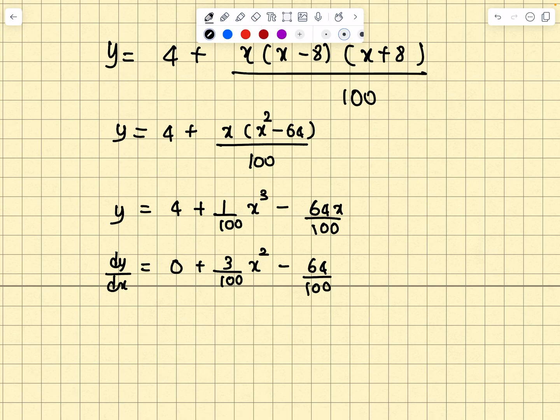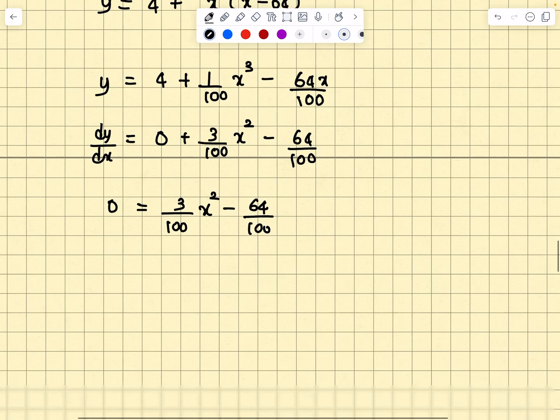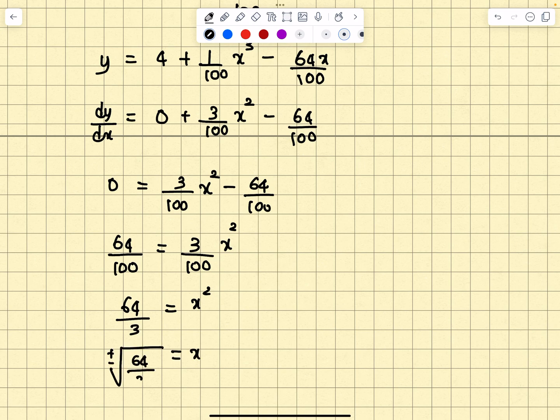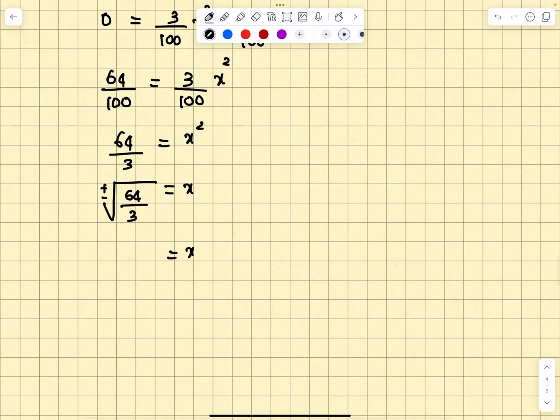We need to make it equal to 0 to find the maximum or minimum. Bringing it to the other side, 64 over 100 equals 3 over 100 x squared. x squared is 64 over 3. Therefore x is plus or minus 8 over root 3.